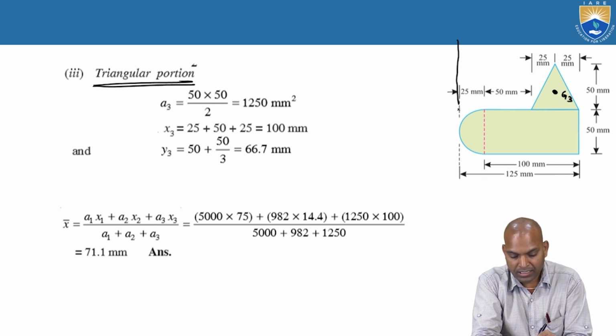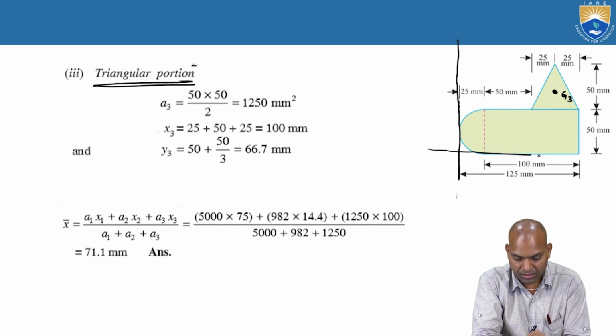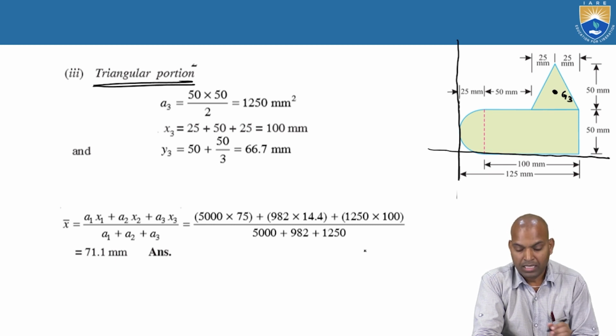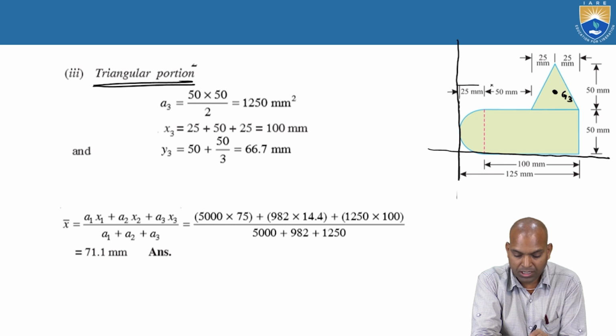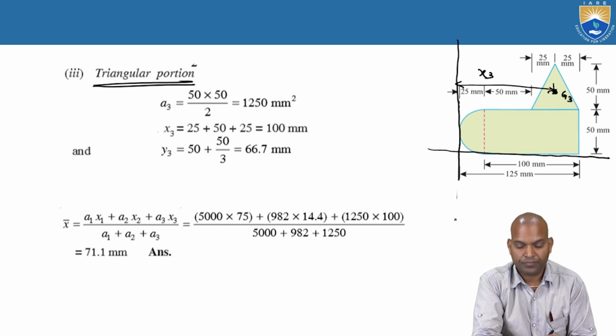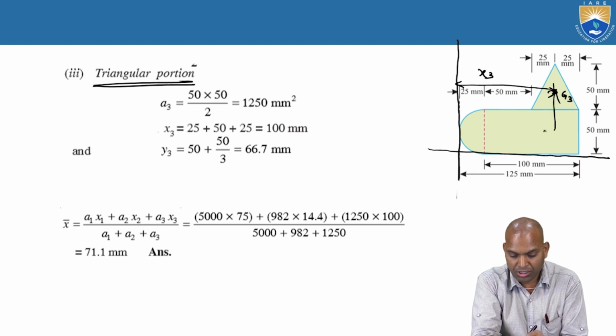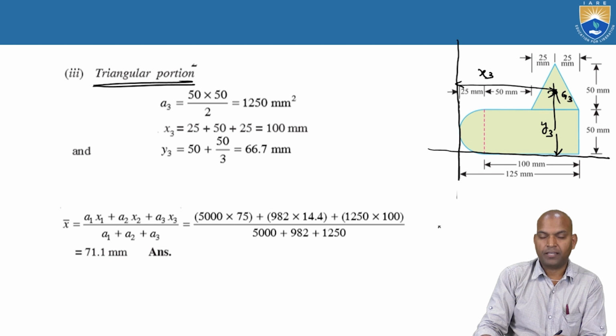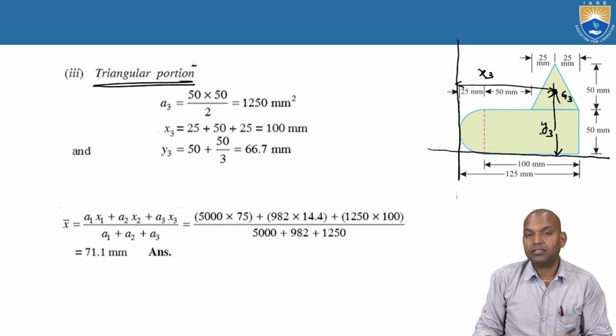Our reference axes are here. The horizontal distance from G3 is known as x3. The vertical distance from G3 to our horizontal axis is y3. That is x3 and y3.